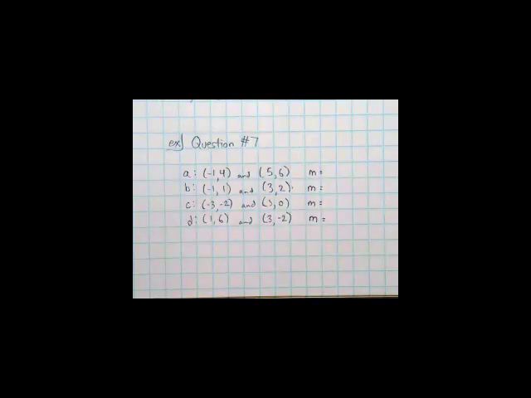Yes, sir? You add the two parentheses. Nope, we don't add them. Yeah. You subtract, and then do what with the answers? You divide. It's the change in the y divided by the change in the x. Okay?